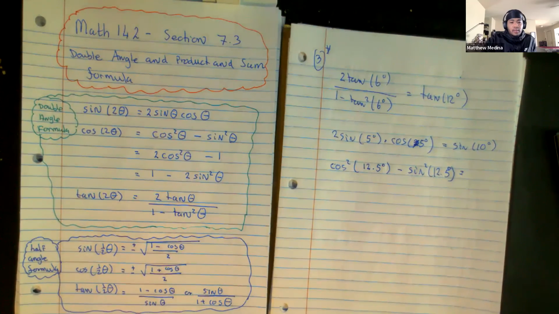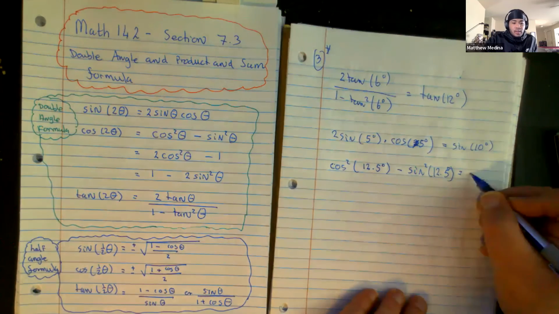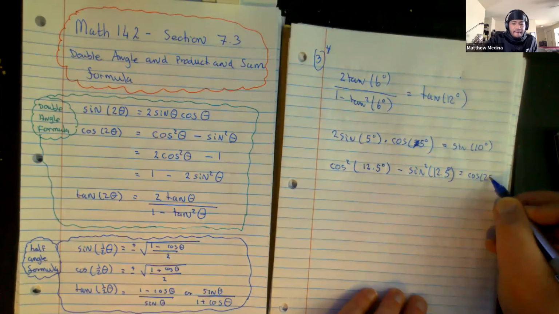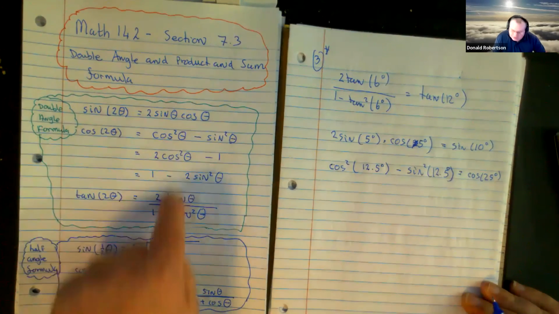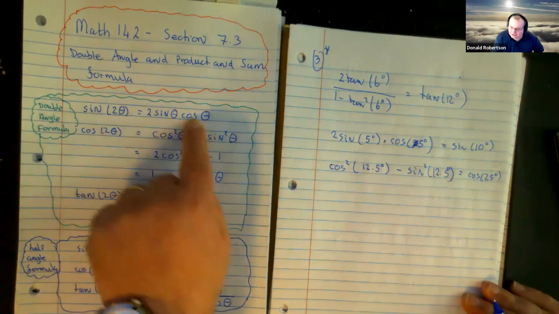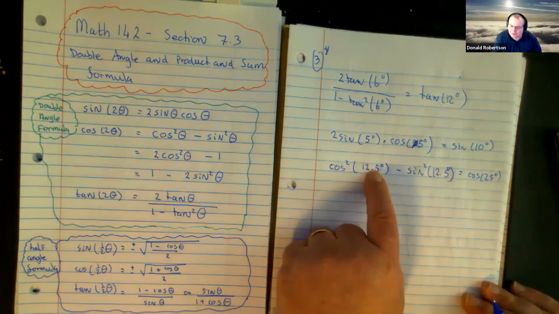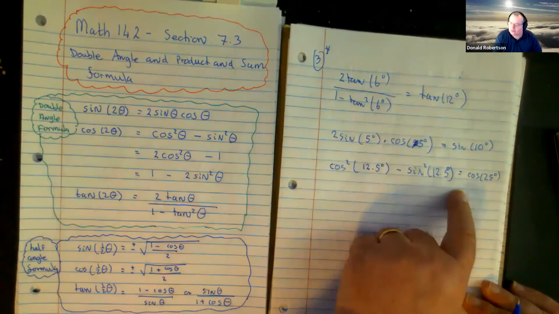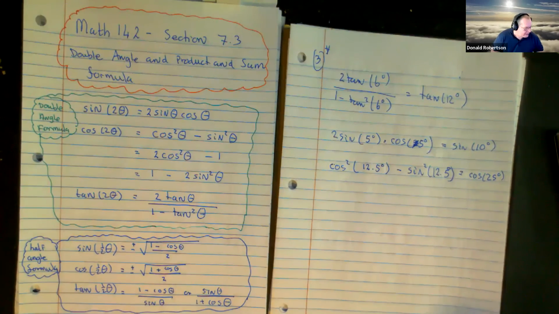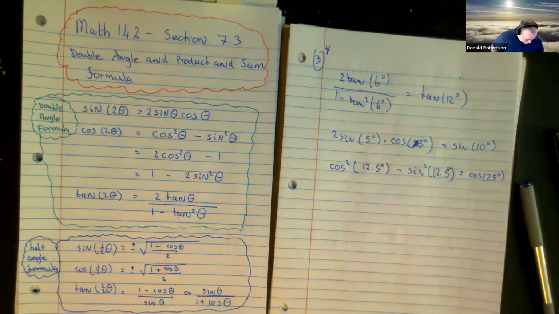Cosine of 25? Agreed. Isn't it just a matter of looking and seeing who he is, and then realizing it's the double of 5, the double of 12 and a half, or in this case, the double of 6, and recognizing tan, sine, or cosine as well. And this is a very nice place to finish.